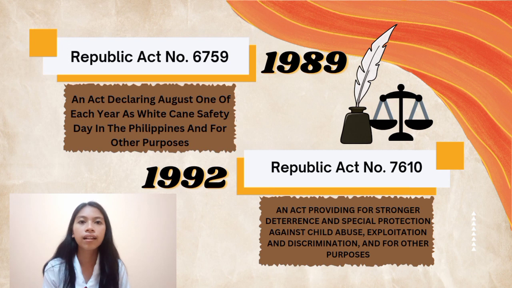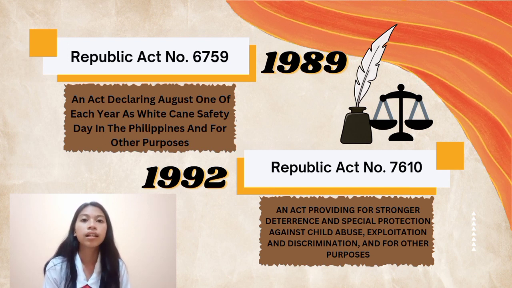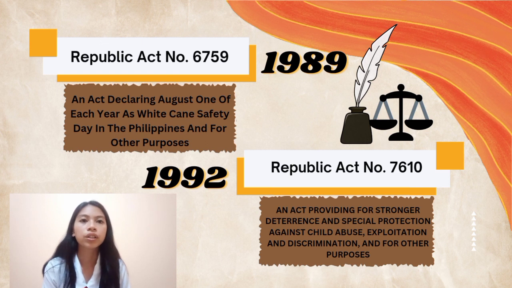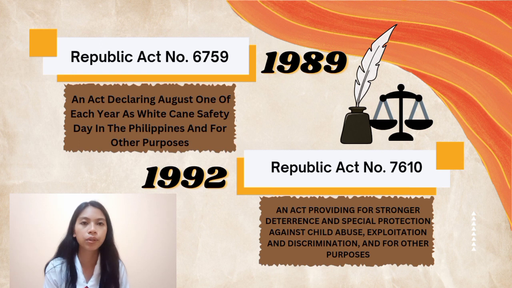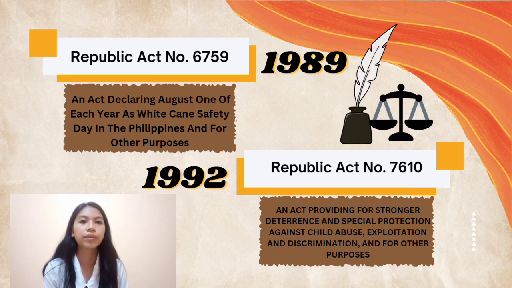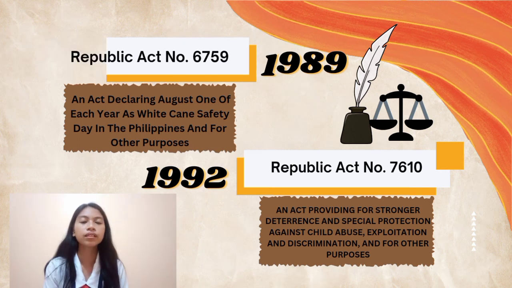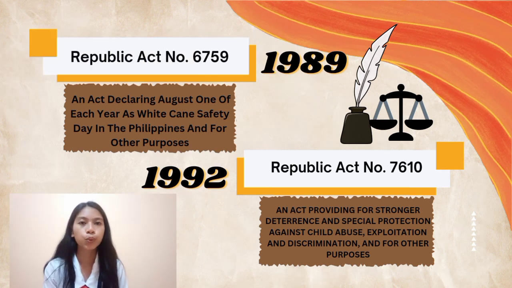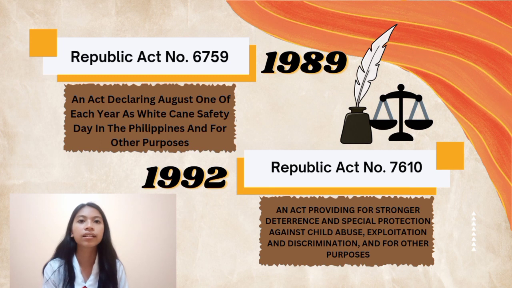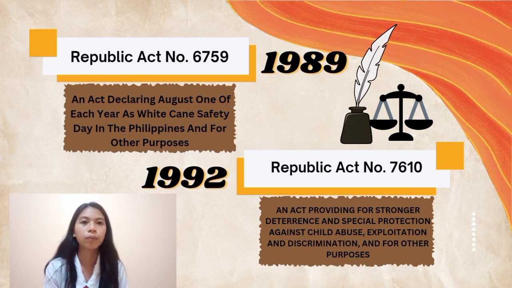Additionally, the 1992 Republic Act number 7610 is an act providing for stronger deterrence and special protection against child abuse, exploitation, and discrimination, and for other purposes. Highlighting Section 2 of this Republic Act, the Declaration of State Policy and Principle.